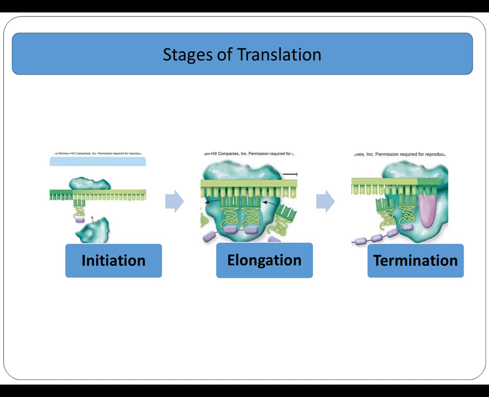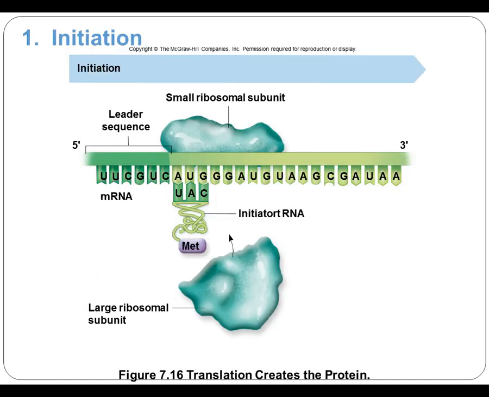Let's go through and just look at the larger images of these phases, then I'll address questions. During initiation, first thing is, how can I tell this is translation versus transcription? How can I tell that this is not transcription? What is apparent here? The ribosome. Okay, what else did you guys say?